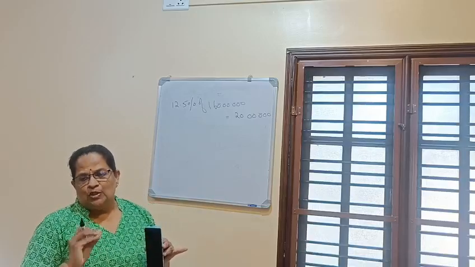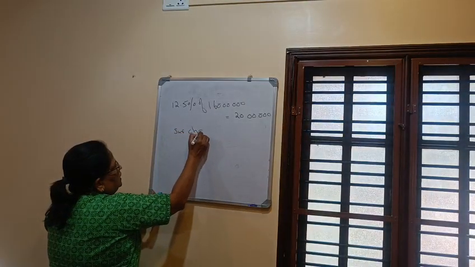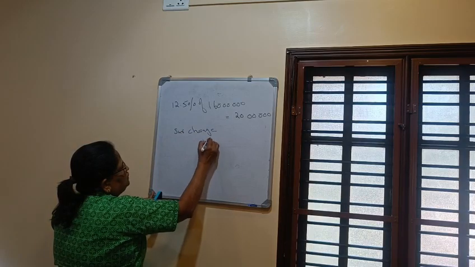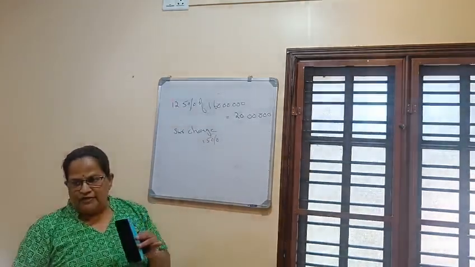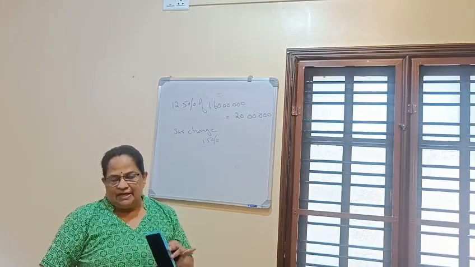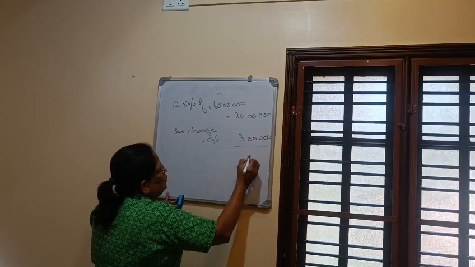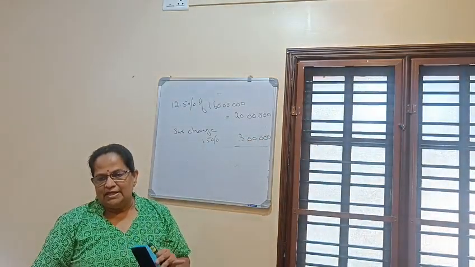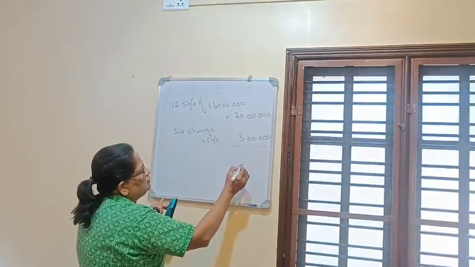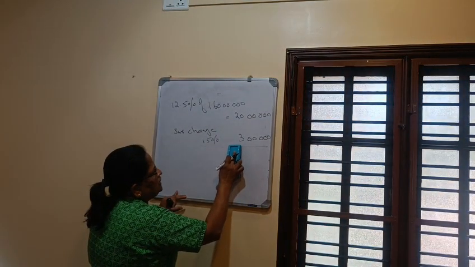So surcharge at 15% is 3 lakhs. Now we have to add 4% higher education cess on 23 lakhs.